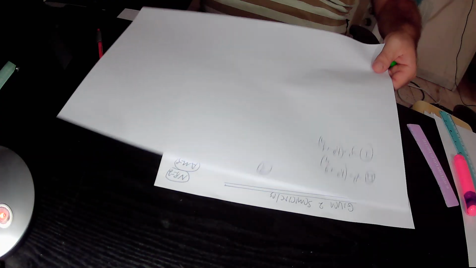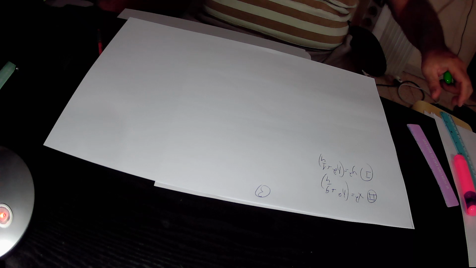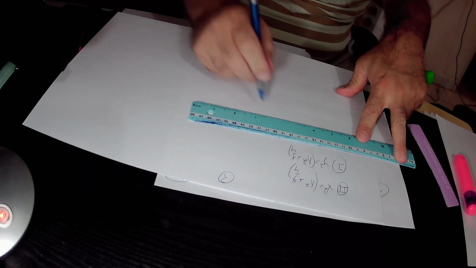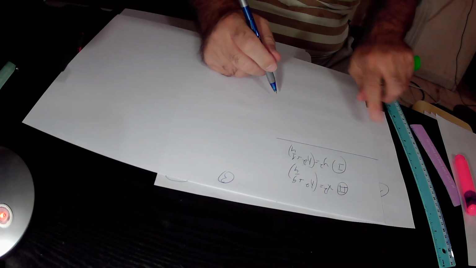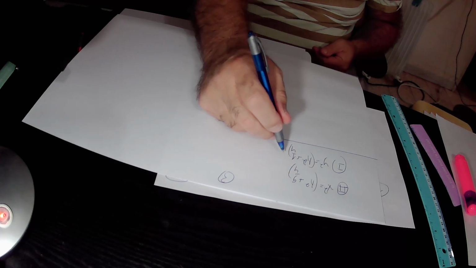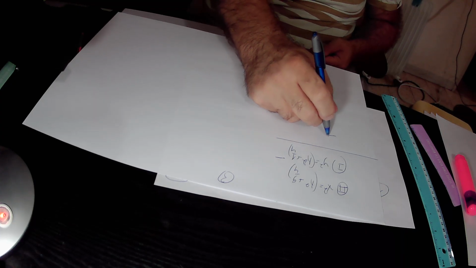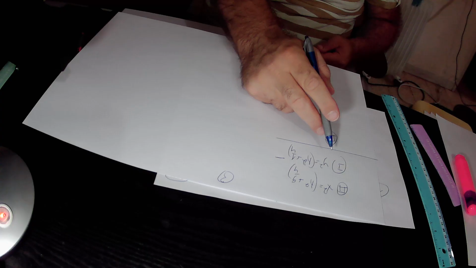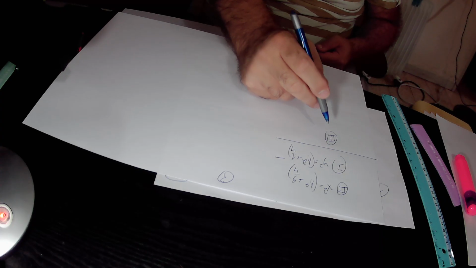So we have here two equations. We subtract those two equations from each other. So we get equation 2 minus equation 1.